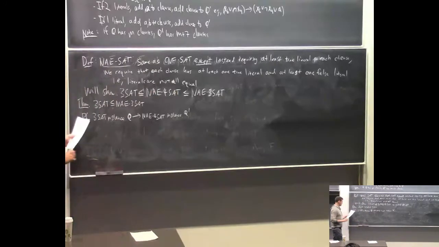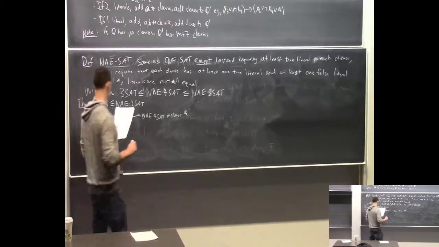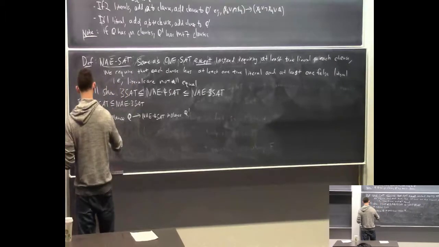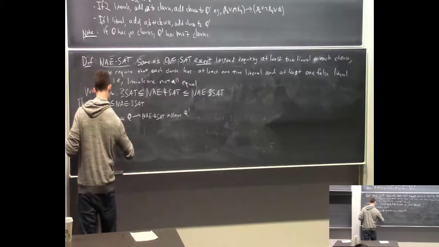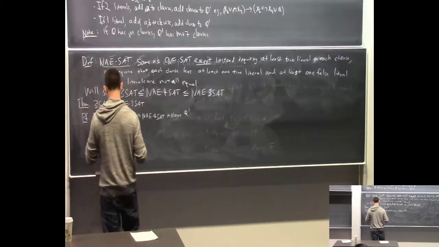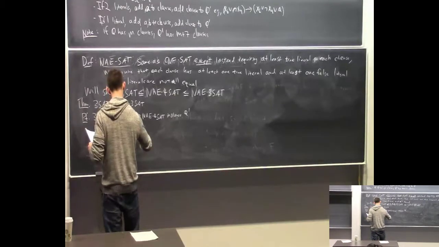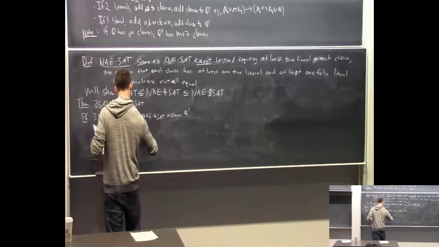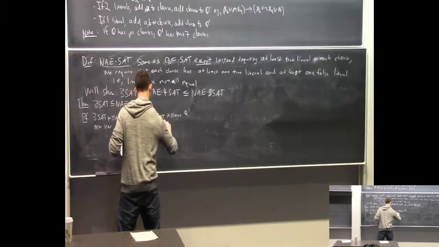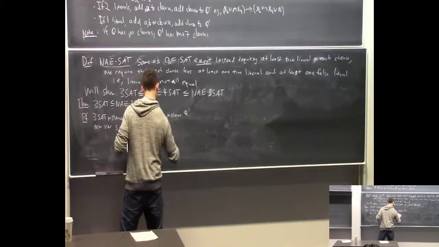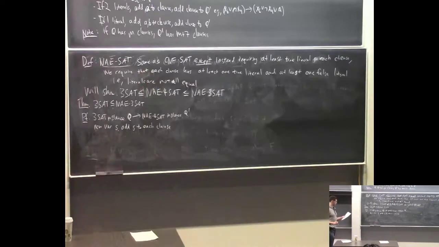And so our reduction is going to be really, really simple. We're going to just make a new variable s, and we're going to add s to each clause. So that's pretty straightforward.